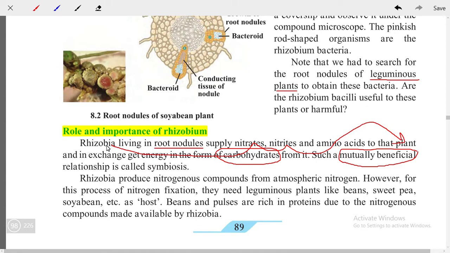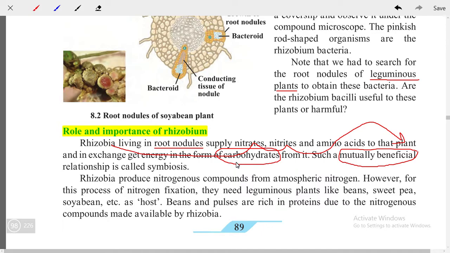It means rhizobia give the plant nitrates, nitrites and amino acids, which are useful to prepare food for the plant, and in exchange, आणि त्याच्या बदल्यात rhizobia काय घेतो?